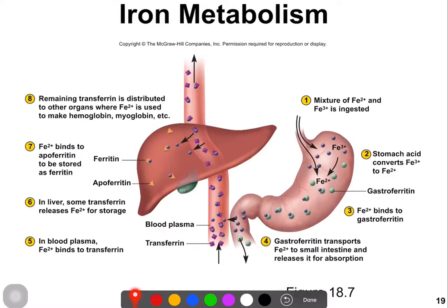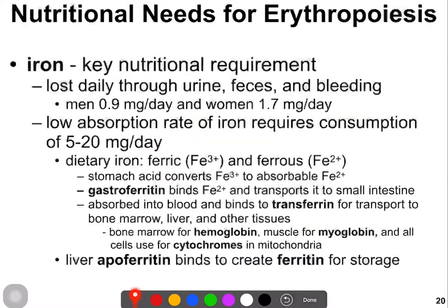That's why I like to think of it that way. It carries the iron and distributes it throughout the body. One place it can end up is the liver, where it gets dropped off. Here you see these triangles. Those are ferritin, or apoferritin, I should say. The apoferritin will bind with the iron, and I end up with ferritin. That becomes a storage form of the iron.